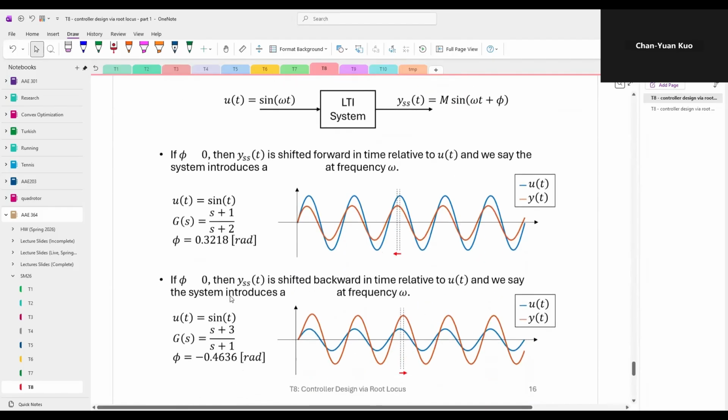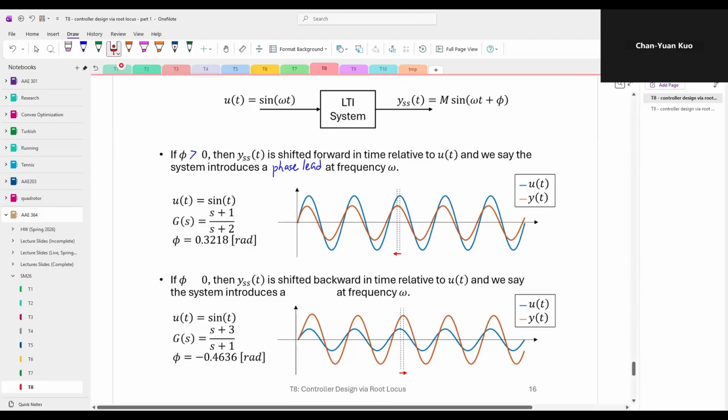Specifically, if the phase shift is positive, then the steady state output is shifted forward in time relative to the input. And we will say that the system introduces a phase lead at that frequency.